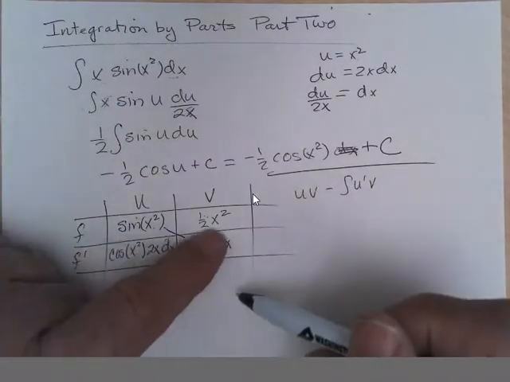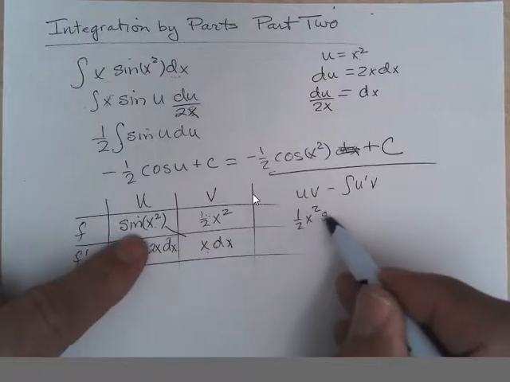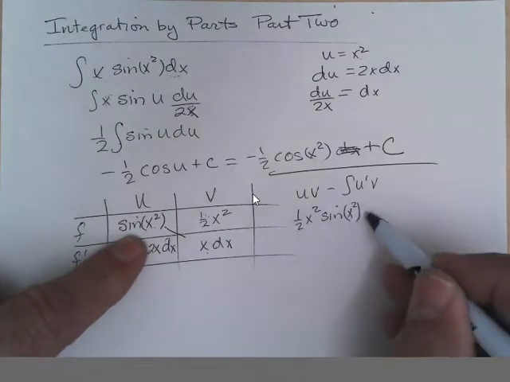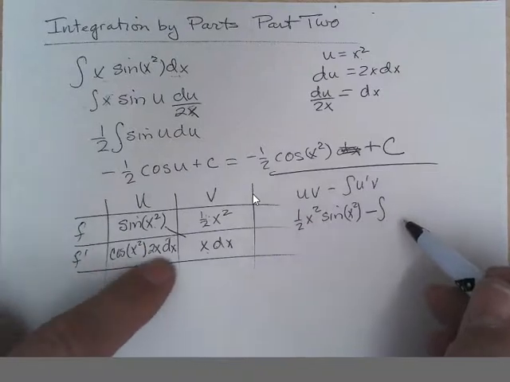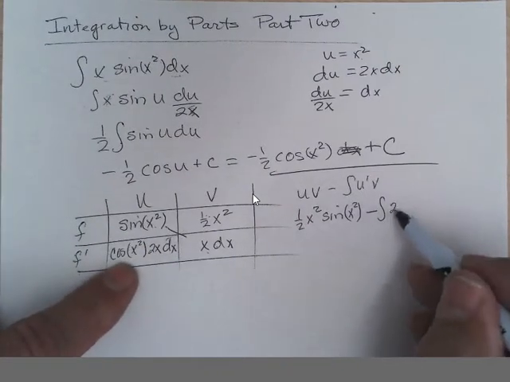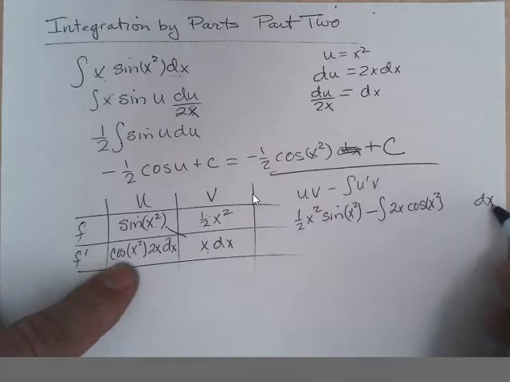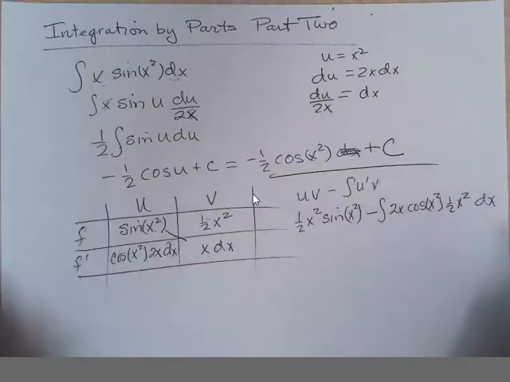But u times v is 1/2 x squared sine of x squared minus the antiderivative of u prime, 2x cosine of x squared dx times 1/2 x squared.